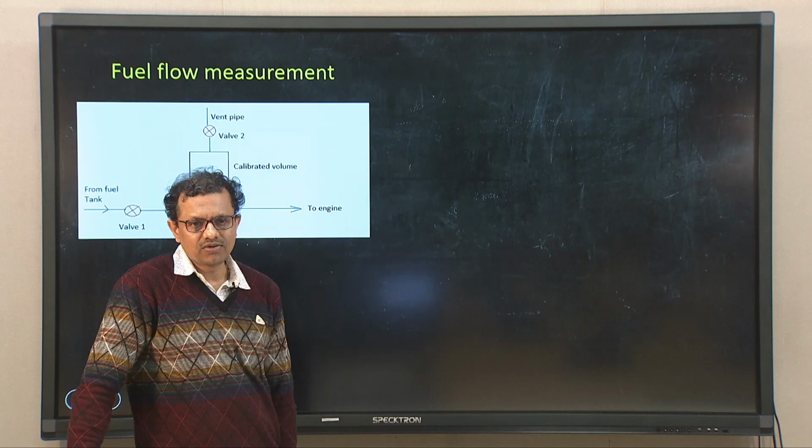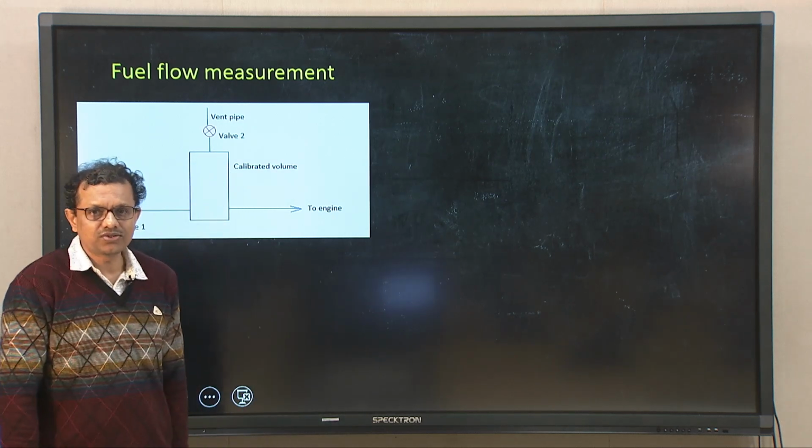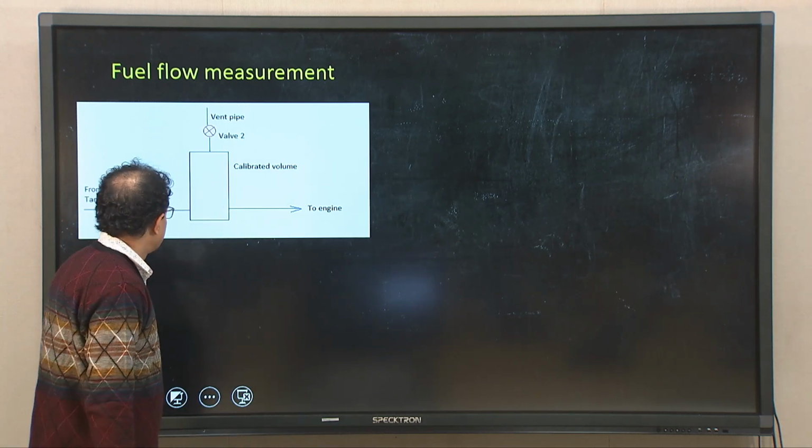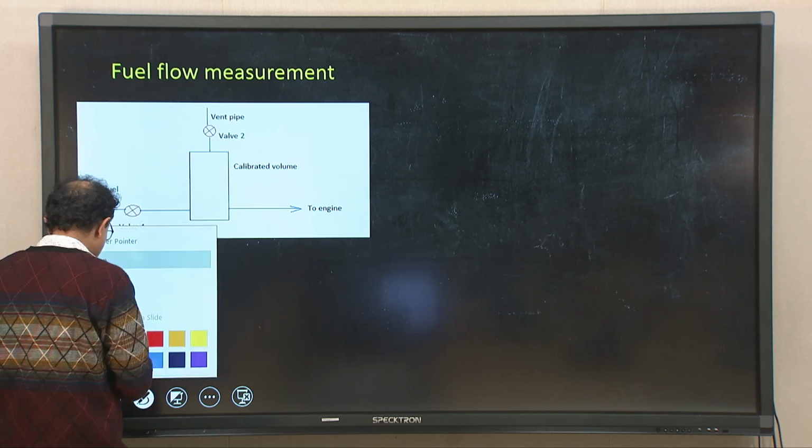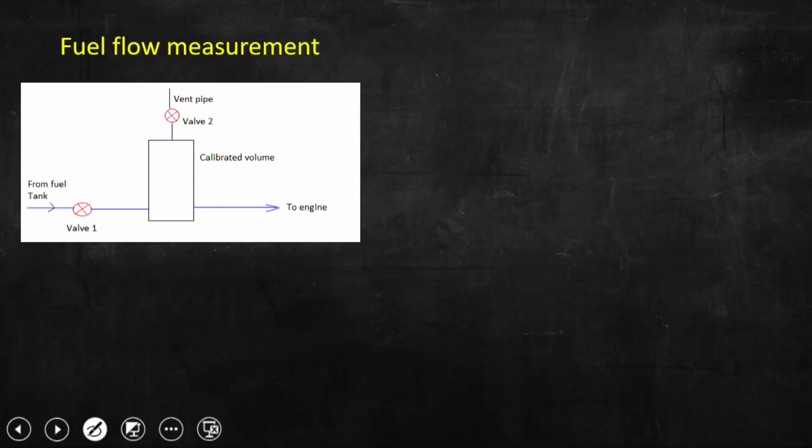If we go to discuss the technique which is also used to measure fuel, which is schematically shown in this slide, you can see that this is the calibrated volume. Now, fuel is coming from the fuel tank. So, here we will have one fuel tank. And there is a valve.